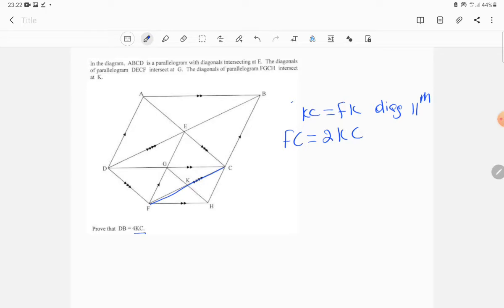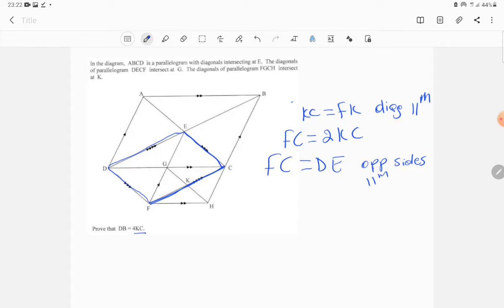We know that this side is a side of this parallelogram that was given, so which means FC is the same as DE. In the place of FC, I can just put DE because they are equal. FC is equal to ED, because these are the opposite sides of a parallelogram.